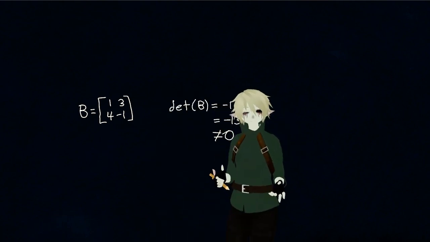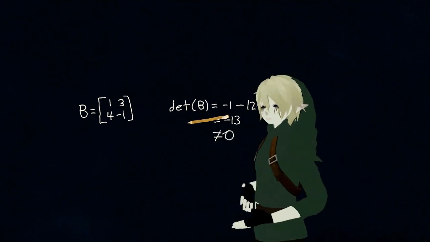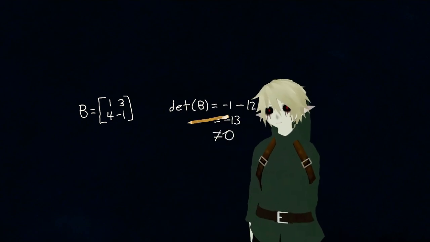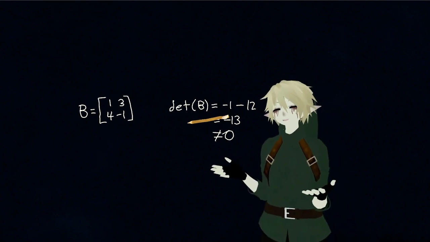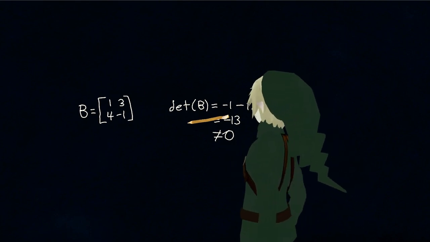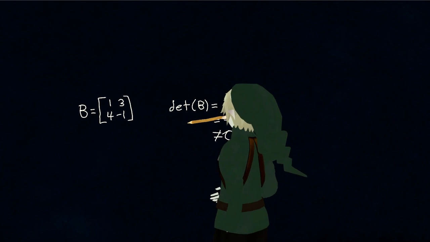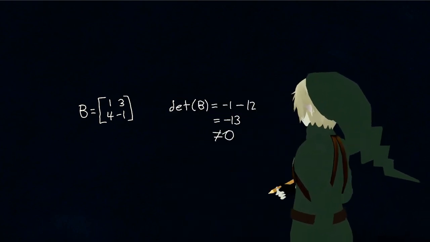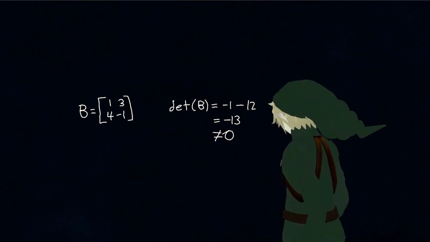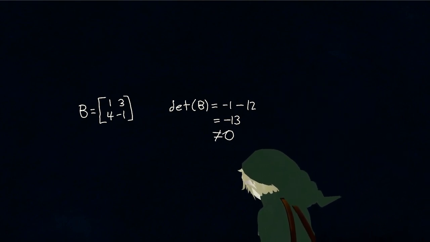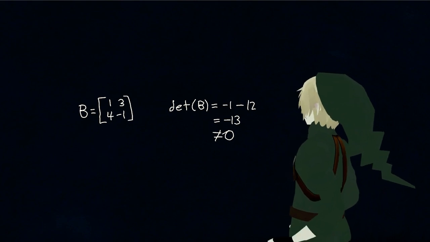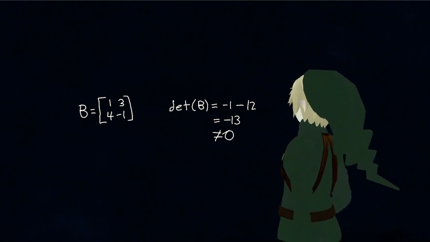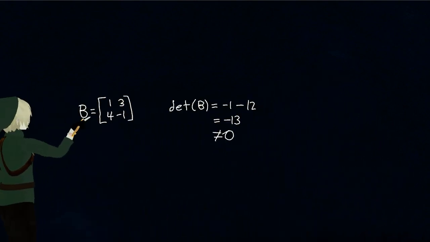So that's it. We just compute the determinant. Computing the determinant helps us check if the matrix is invertible or not, and it's very quick and simple. Absolutely amazing. Now that we found the determinant of B, the next question is, what is its inverse? How do we find the inverse of this matrix?